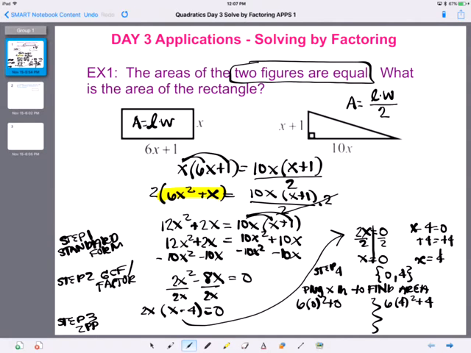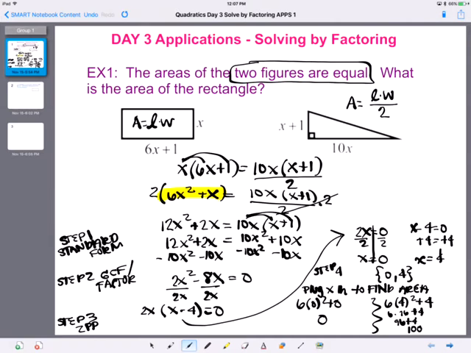0 squared is 0, times 6 is 0, plus 0 is 0. 4 times 4 is 16. Times 6 is 96. Plus 4 equals 100.